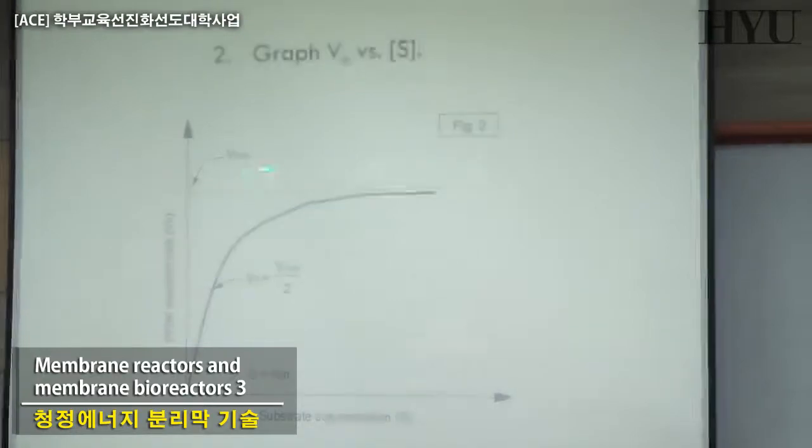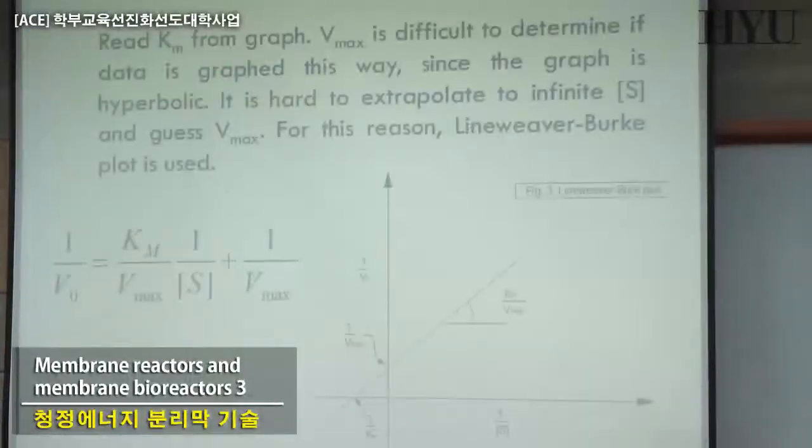In this graph, if you can detect what is the maximum velocity, you take the half of the maximum velocity, and that is this V0, and when you have a V0 here, you go down here, and that is Km, the Michaelis-Menten constant. So relatively easy if you know all these things.